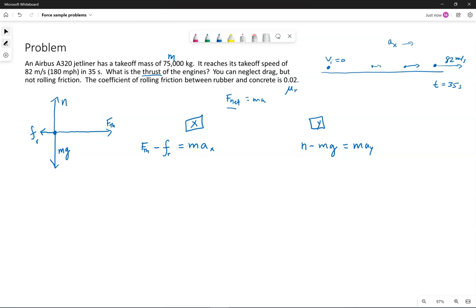Now again, because it tells us that it's reaching the takeoff speed at the end, we're assuming it's not lifting at all off the runway, and so that acceleration in the y direction would need to be 0. That leaves us with the normal force needing to equal the force of gravity in this case.